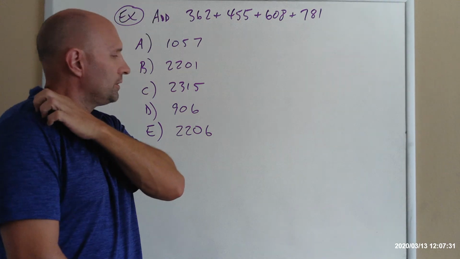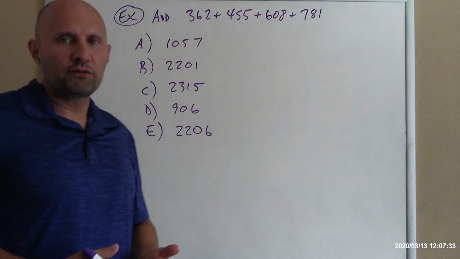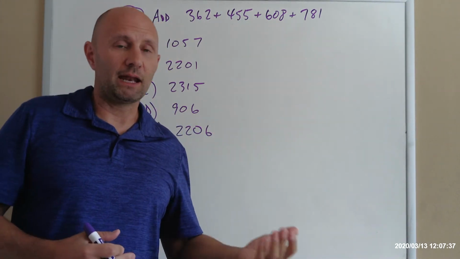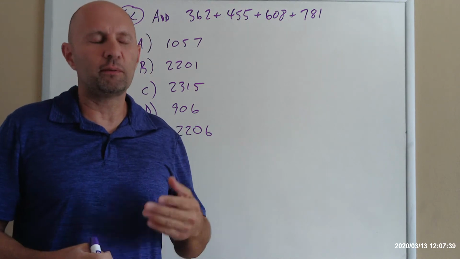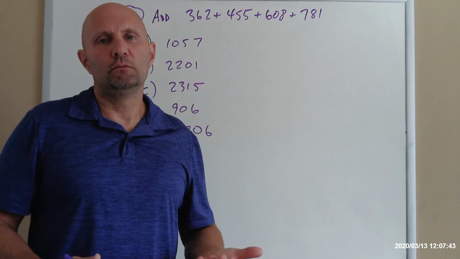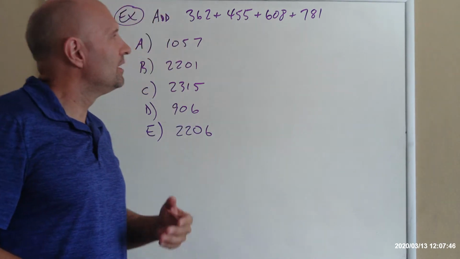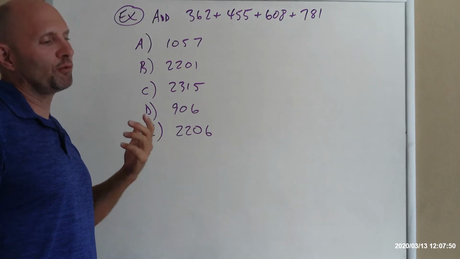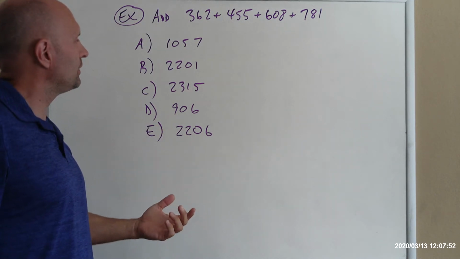So with this one, on Praxis, you guys will have a pop-up calculator accessible to you. Again, on your homework, on your quizzes, on your exams, you'll have access to a calculator. But that's a lot of time. Remember, you only have 2 minutes per problem. So wherever you can save time, you want to do that.